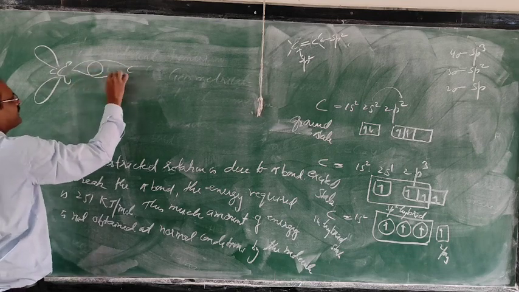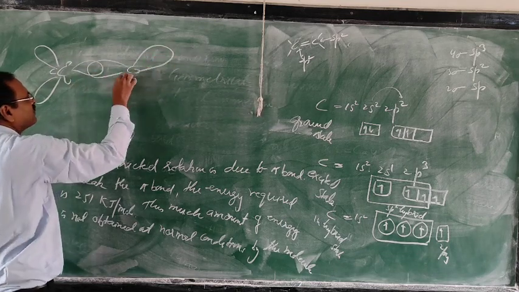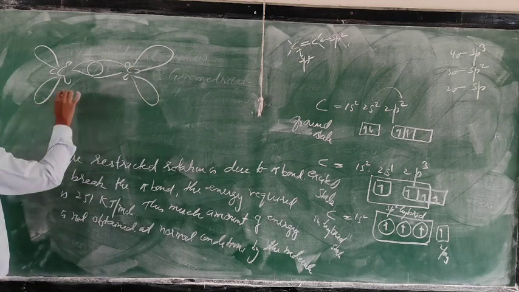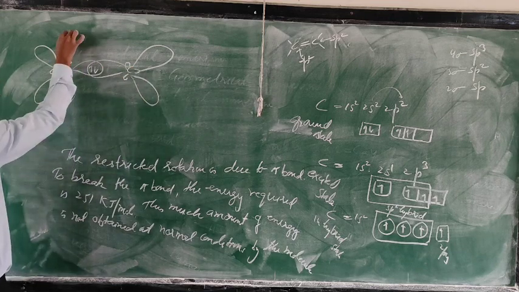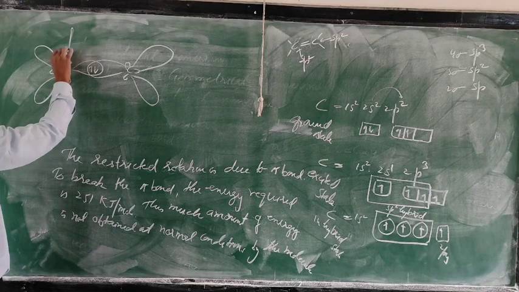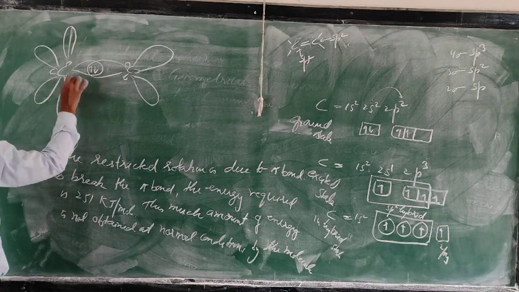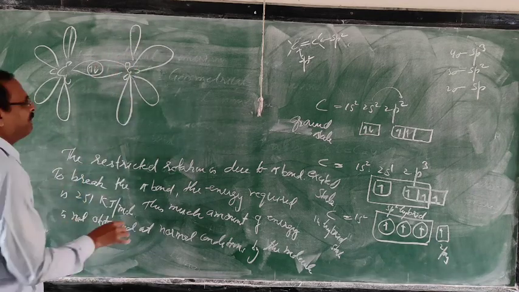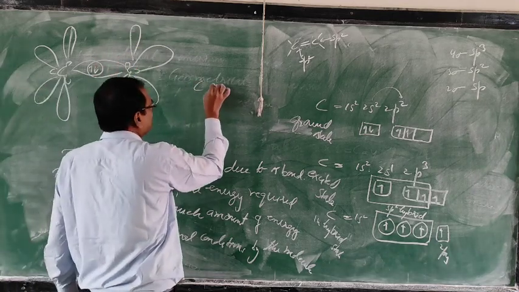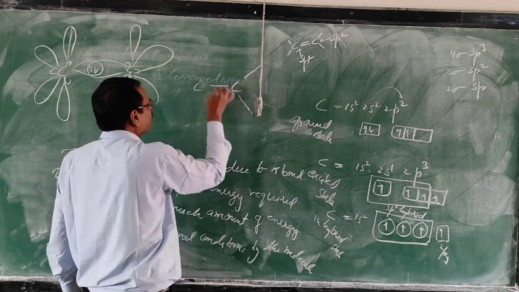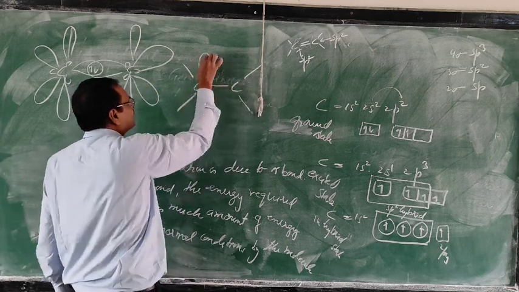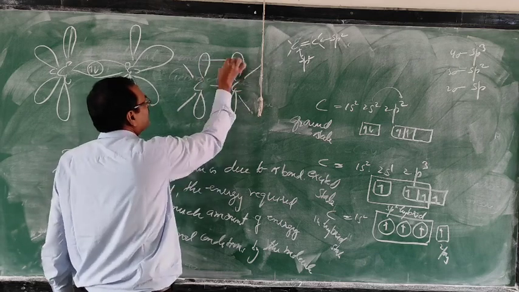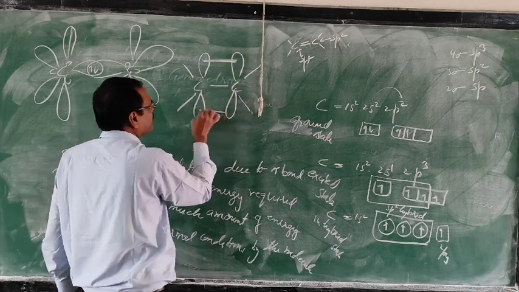Then this carbon atom is sp2, and this. Now here some groups will come. Then one unhybridized p orbital is there. So this carbon, here some groups will come, and this is called the restricted rotation.